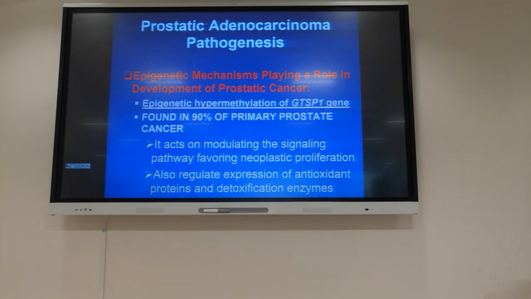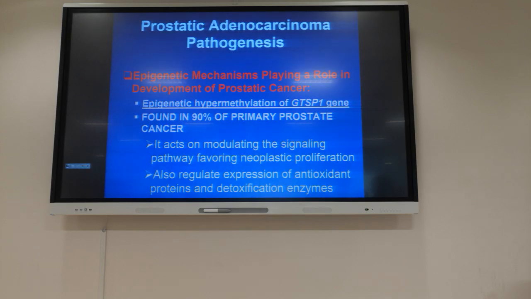The most common epigenetic mechanism is hypermethylation. Hypermethylation could do a couple of things. What could hypermethylation do to a gene? Prevent transcription. Only? Or overexpression.